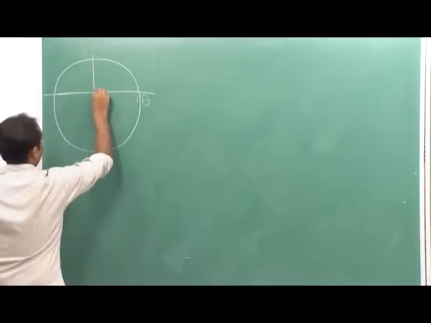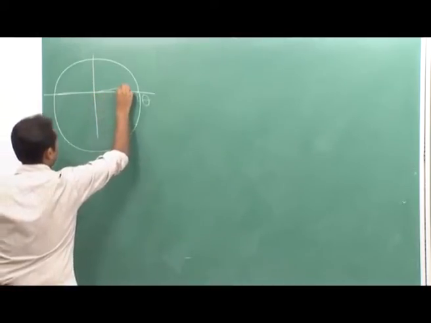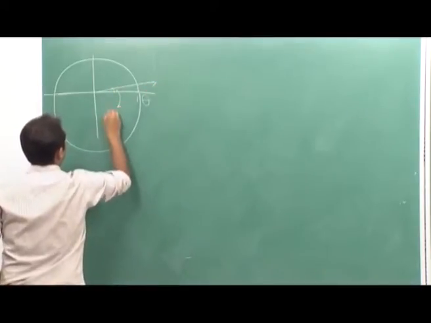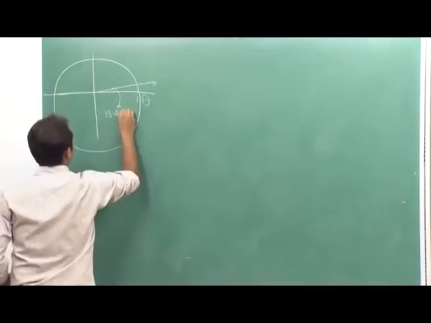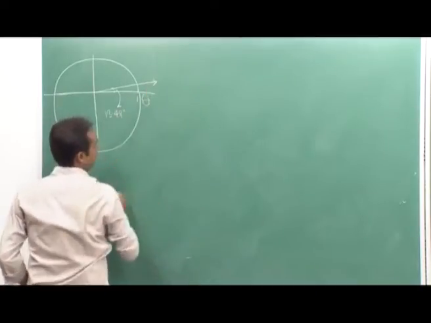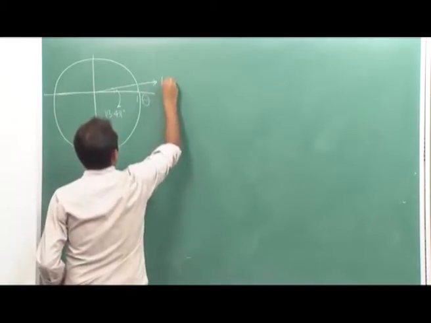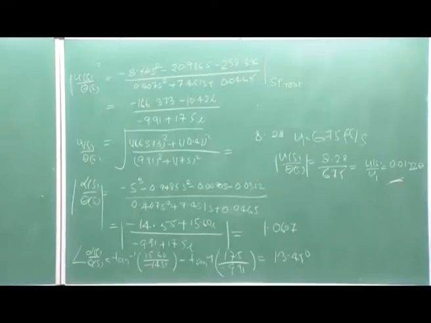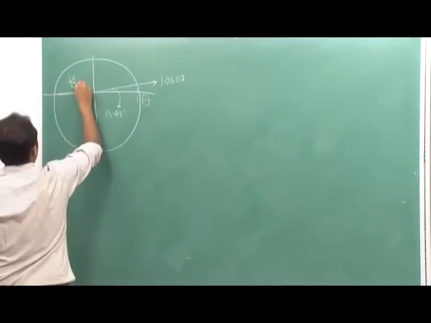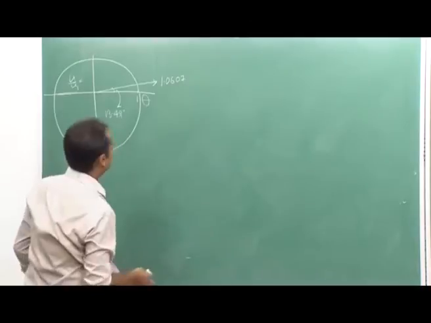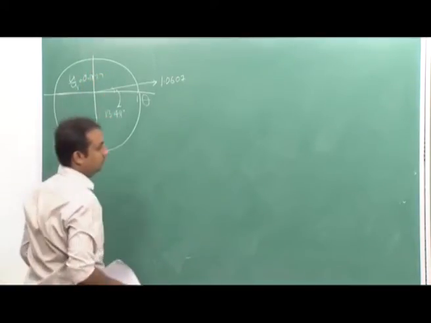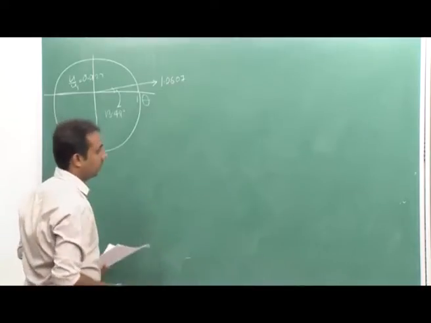And u of s upon u1 in terms of theta is very small, 0.0122, so we can neglect that part.